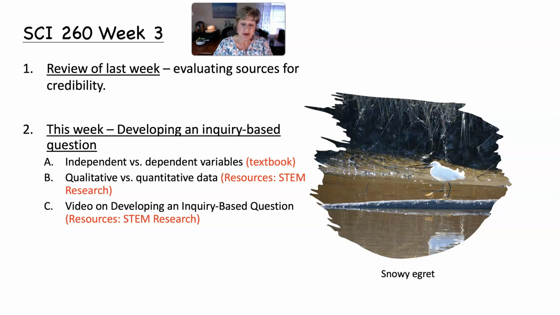That variable is called the dependent variable. The dependent variable depends on the independent variable. So the independent variable is the one that the scientist manipulates. Dependent is what happens because of the independent variable. Take a look at that section in chapter 3 of your textbook. Chapter 3 starts on page 73 in your textbook.